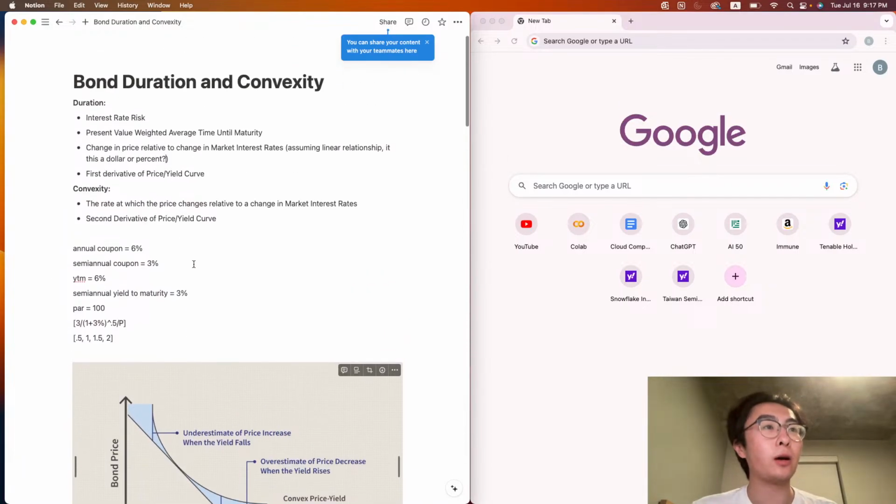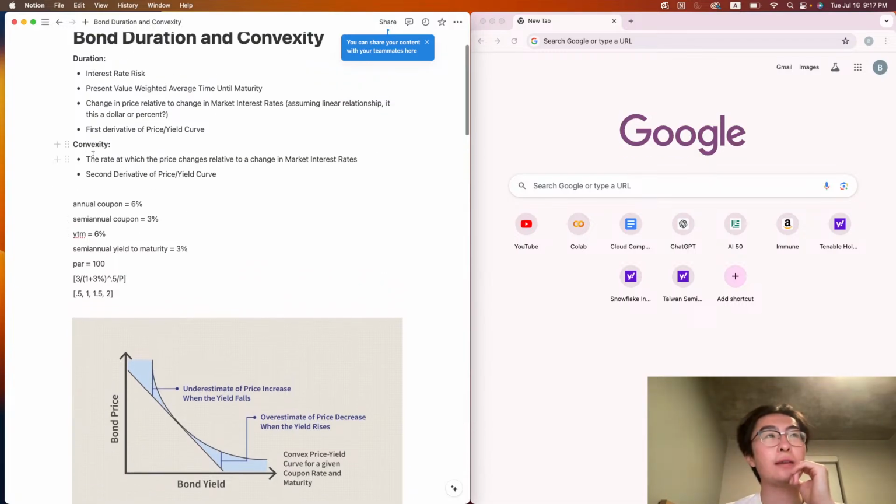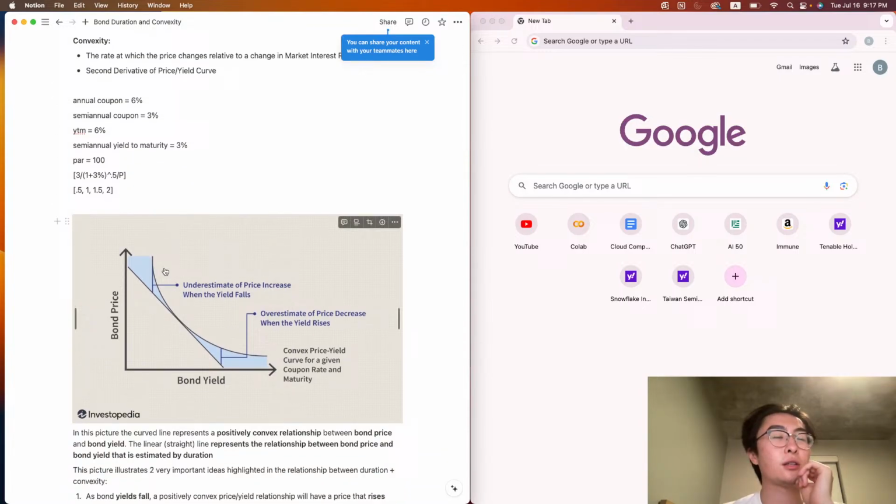Now, what this kind of represents, I think, is two types of bond payoffs. So that's before I even get into the idea of convexity. You have something that looks like a smiley face, and this is, I think, what's called a convex payoff. You'll notice that as bond yields fall, the price of a convex payoff actually increases faster than a linear payoff.